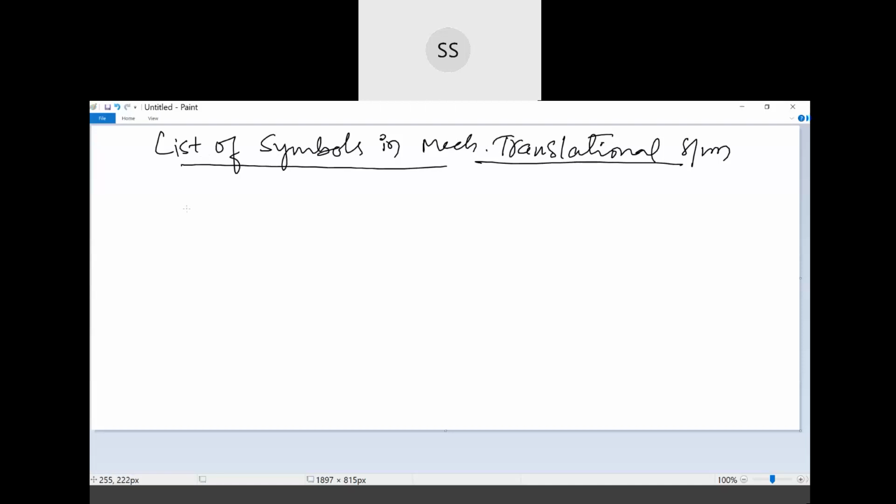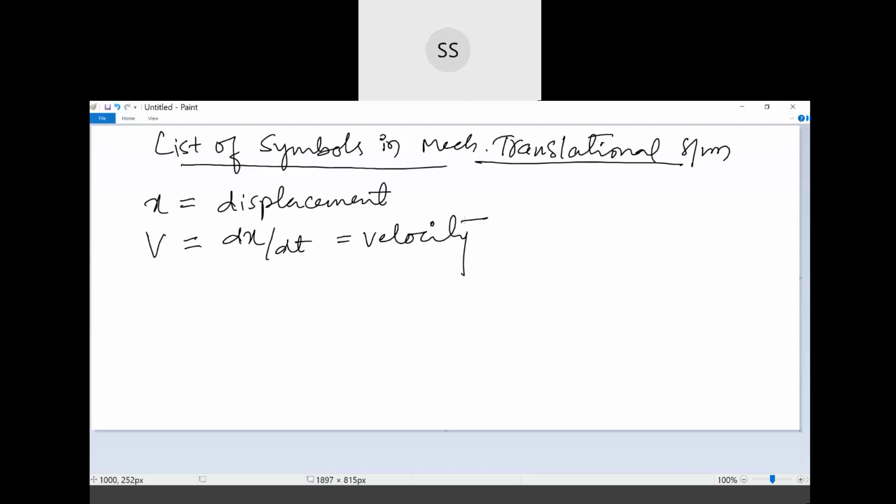First, we have the displacement x. The first symbol we are using is x, which we use to represent the displacement. Now this capital V here is dx by dt, which represents the velocity of the body which is under force.